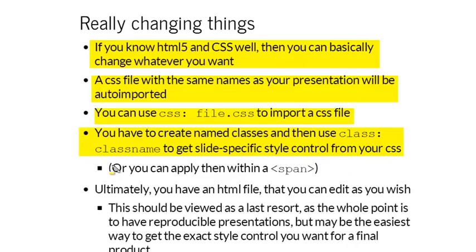Or if you want even more control, and you don't want it to be slide-specific but specific to a subset of a slide, then you can have that class be applied within a span. And that's how you could change it permanently, so that when RStudio Presenter compiles it, it compiles it in the style that you want.